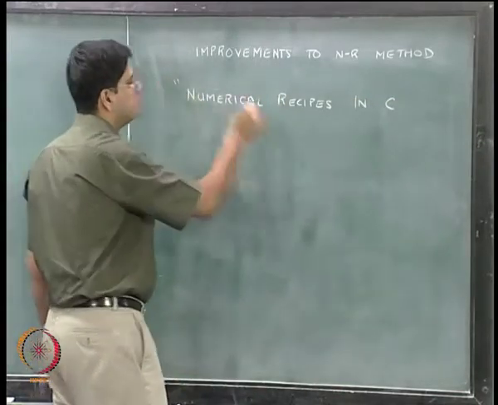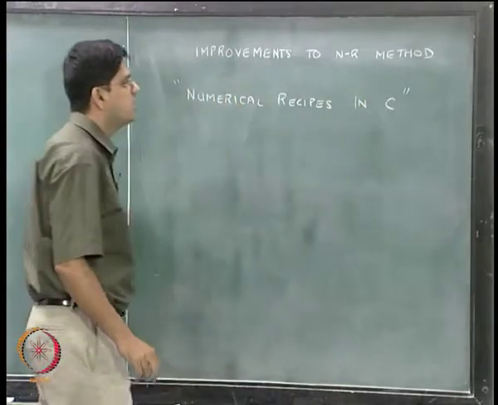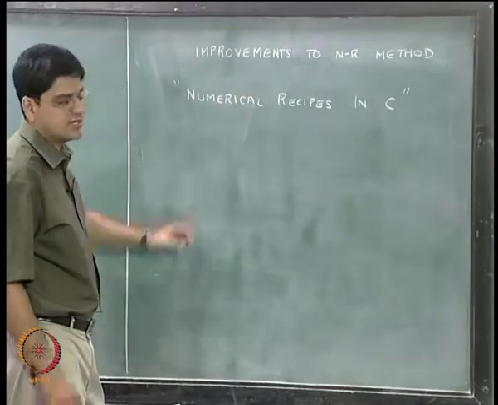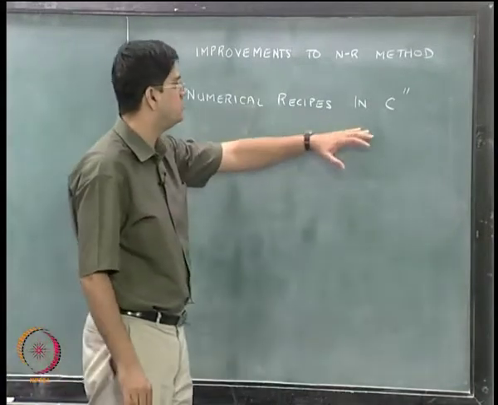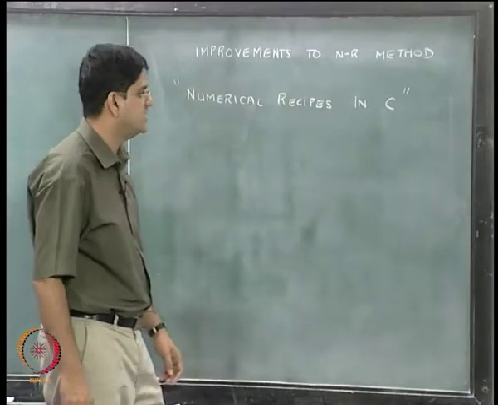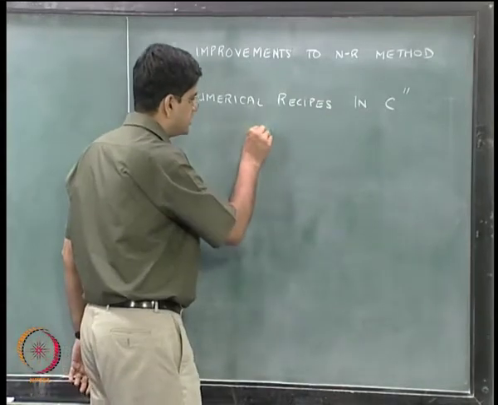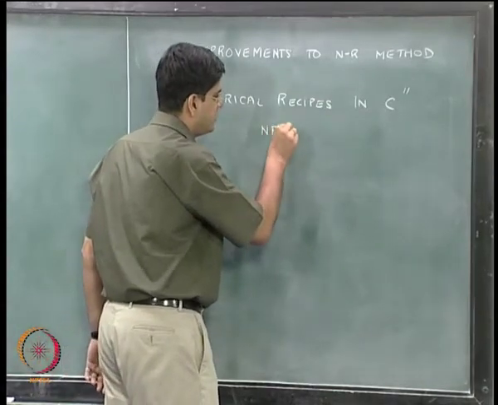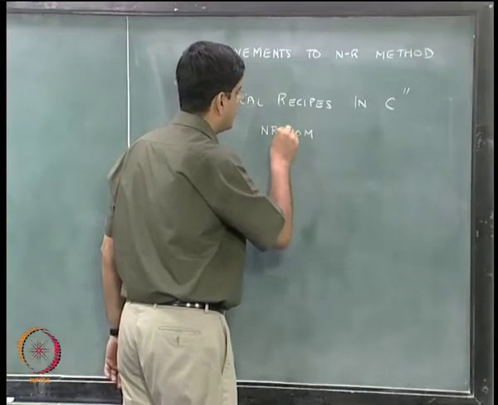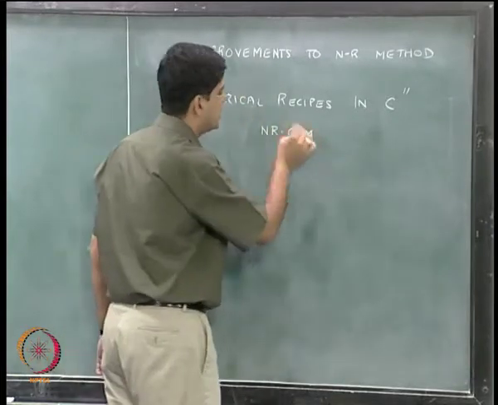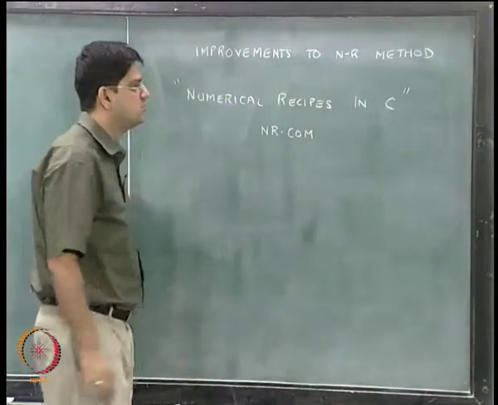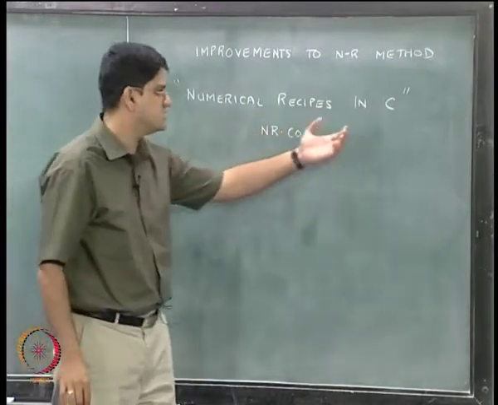That's the name of the textbook. It's a very good resource for all numerical techniques, and it is available on the website nr.com. So you can go to nr.com and take a look at the Numerical Recipes textbook.